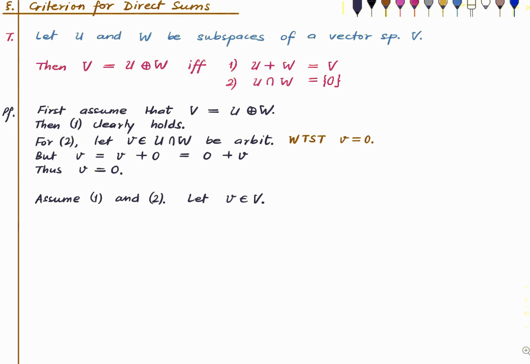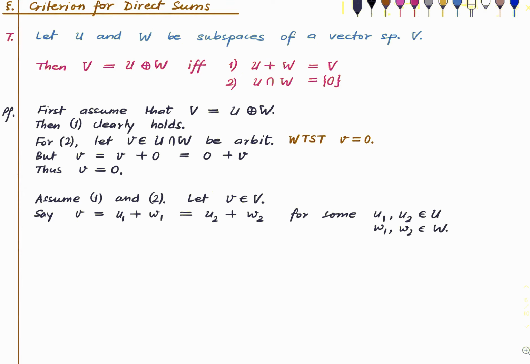So say V is equal to U1 plus W1, and that is also equal to U2 plus W2 for some U1 and U2 in U and W1 and W2 in W.